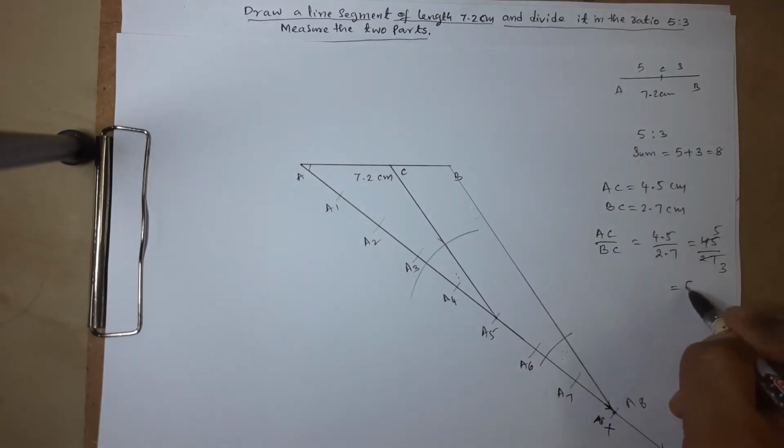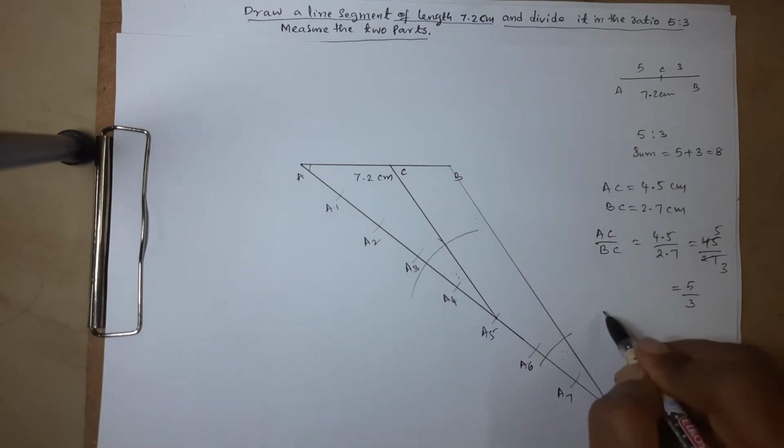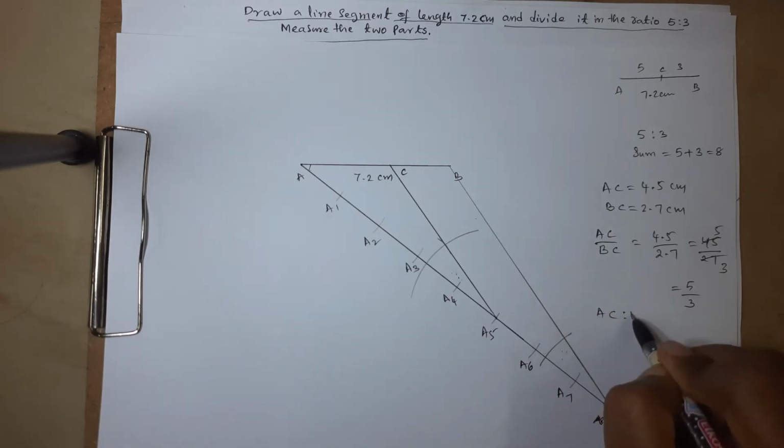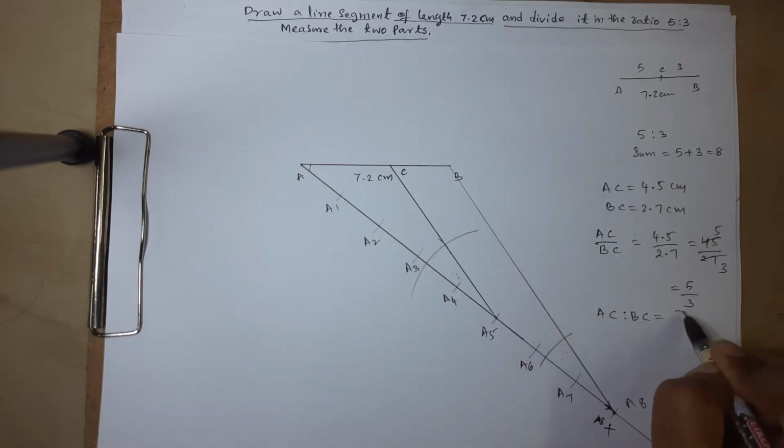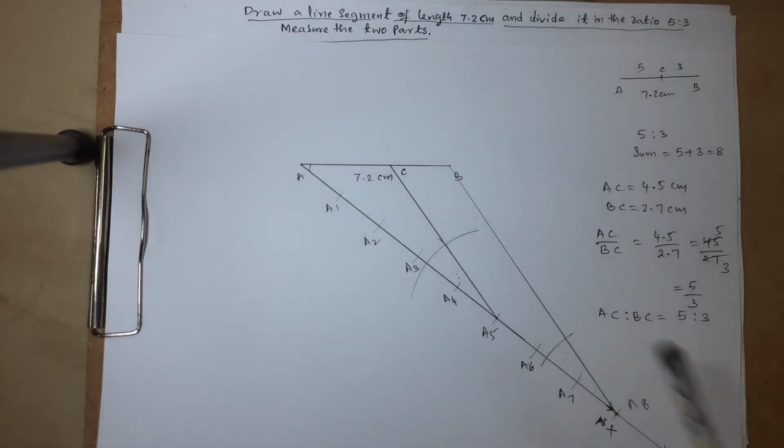This is equal to 5 by 3. So that means AC is to BC is equal to 5:3. So this is the construction of a line segment of 7.2 centimeters, and we have divided it in the ratio 5:3. Okay.